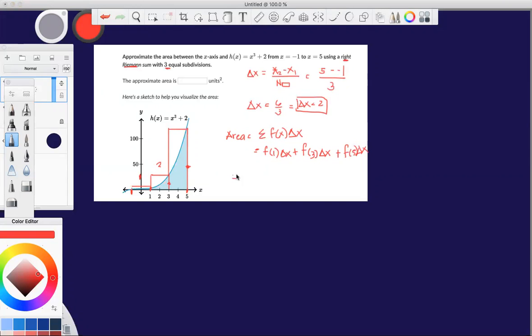Let's factor out our delta x. Our function is x cubed plus 2. So what's going to be your f of 1, the value of your h of x? 1 plus 2. That's going to give us a 3.